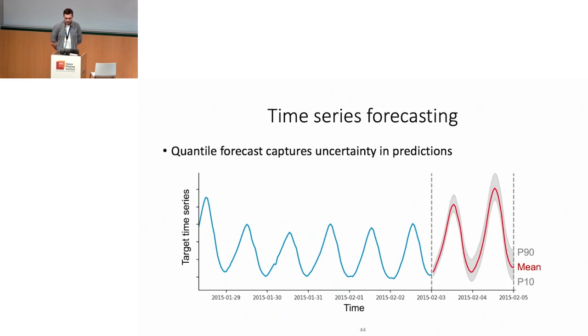So for example, the model might say that there is a 90% chance that the number of units sold tomorrow will be between 90 and 150. And this would be more useful information for decision making, so that in our planning we can understand what the uncertainty involved is. This kind of forecast is known as a quantile forecast or probabilistic forecast, and this is what most practical applications of time series forecasting require.